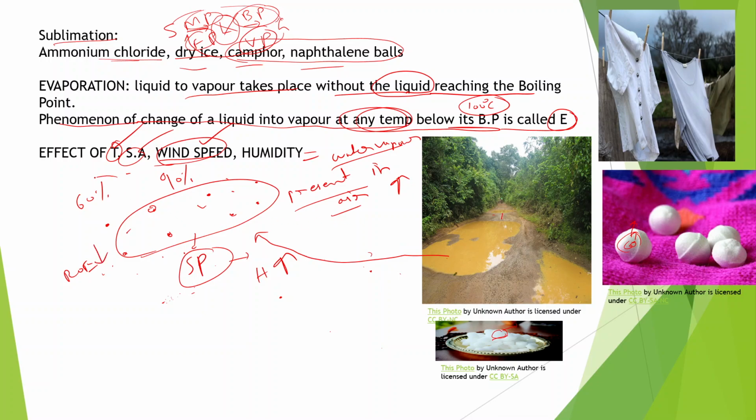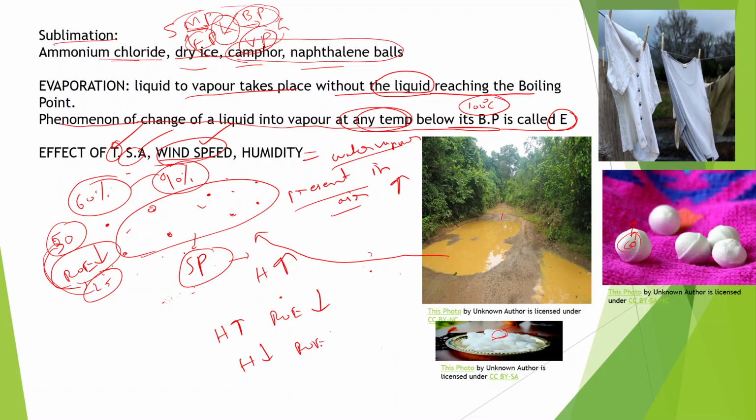Because at 60% humidity, the rate of evaporation may be 50, and if the water vapor content increases to 90%, then the rate of evaporation may be 25 only. I just imagined these examples, 50 and 25. So you can theoretically say that when humidity increases, rate of evaporation decreases. When humidity decreases, rate of evaporation increases. Okay.